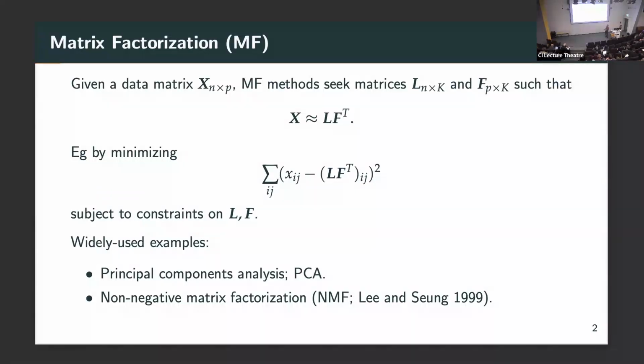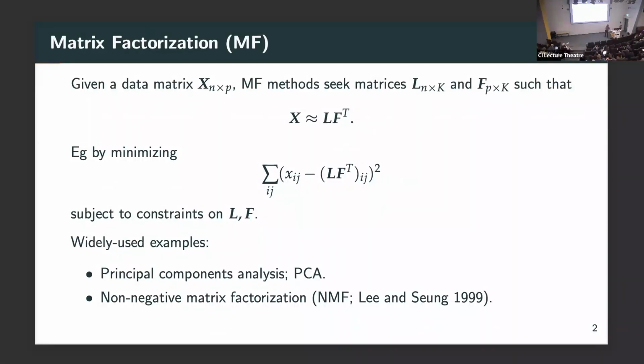But you could think of your own examples where you might have a data matrix. Matrix factorization methods attempt to find usually smaller matrices L and F that have k columns. So k is essentially the complexity, or the rank, of this factorization.